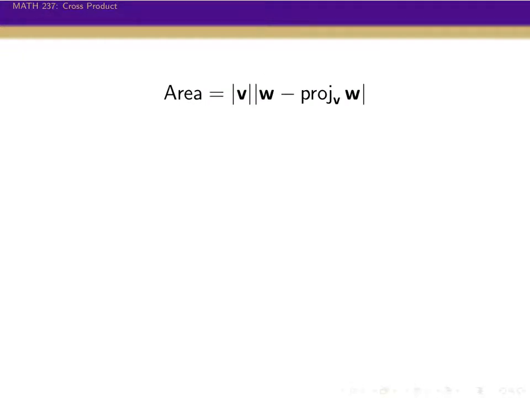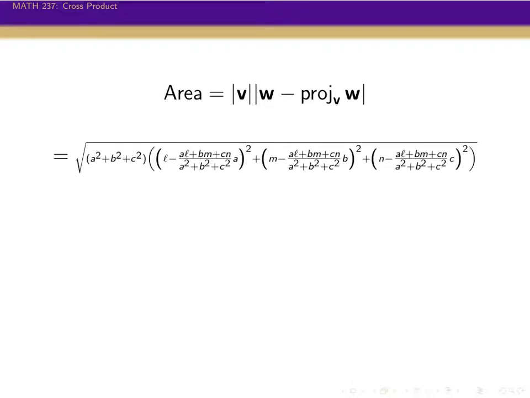It's the magnitude of V times the magnitude of W minus the projection of W onto V. So if we wrote all this out in components and calculated what the magnitudes would be, it would look an awful lot like this.